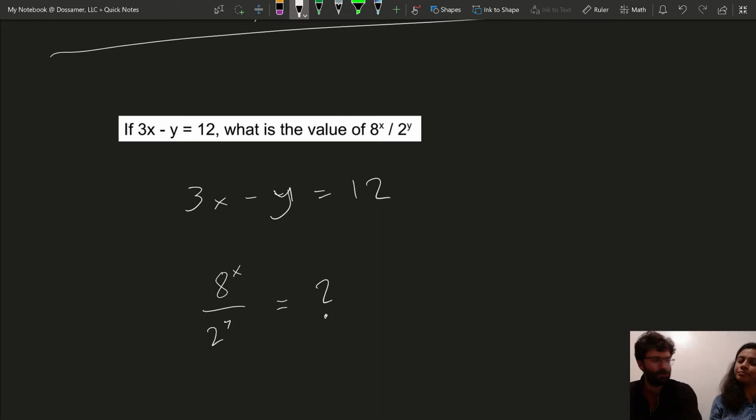So we are given one equation with two variables, 3x minus y equals 12, and then we're given not an equation, but an expression, which is one side of an equation just without the equal sign. And we're asked, what does the expression evaluate to?